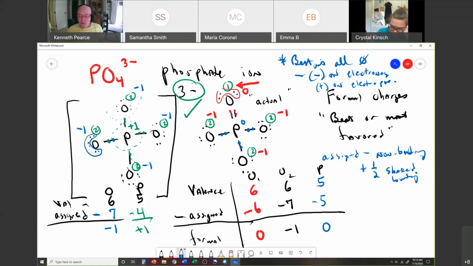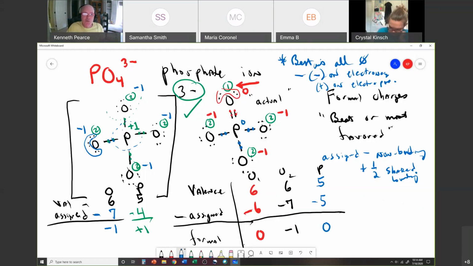Okay, so out of the two, what's most electronegative? The oxygen is most electronegative. Out of oxygen and phosphorus, oxygen is further over on the right-hand side, and it's closer to the fluorine, so it's more electronegative. Okay, so oxygen is much more electronegative than phosphorus.